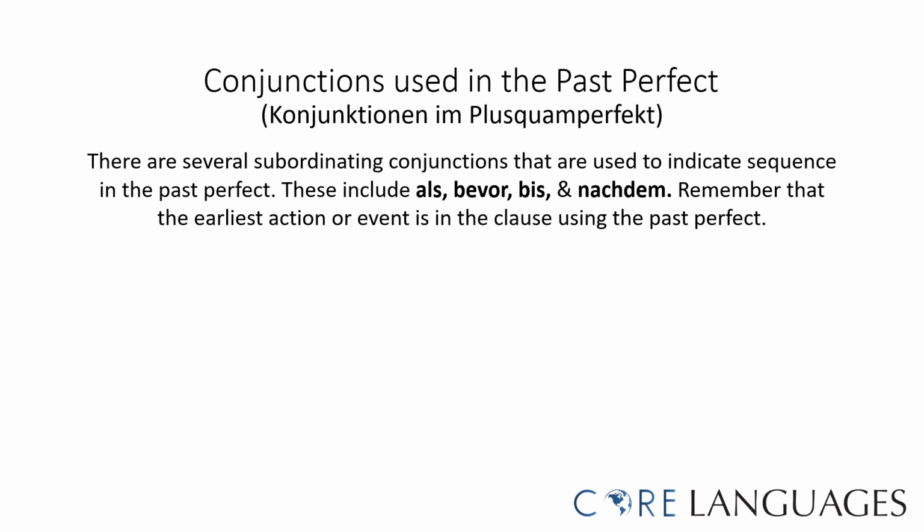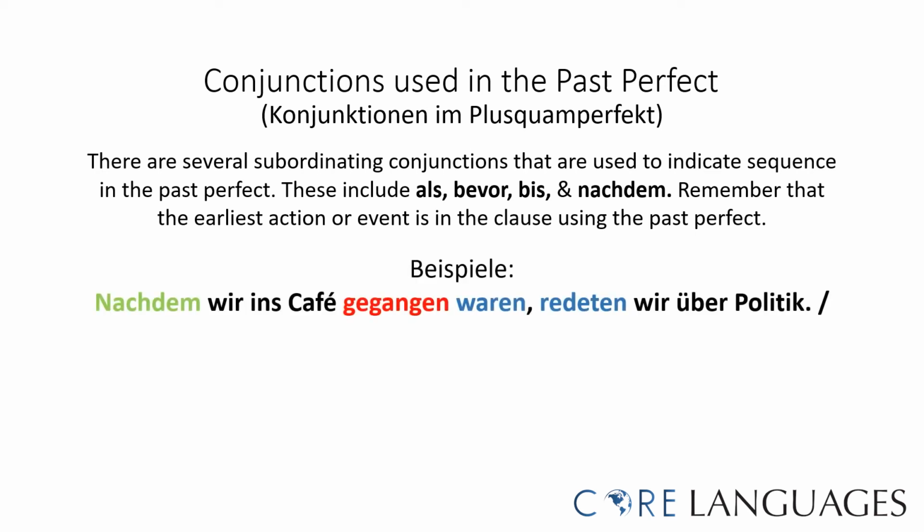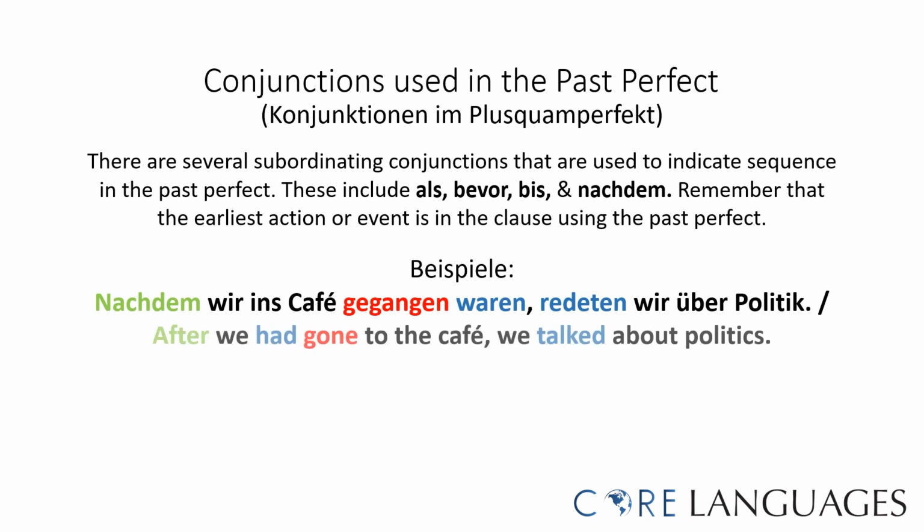Remember that the earliest action or event in the clause is the one that is going to be using the past perfect. Zum Beispiel, nachdem wir ins Café gegangen waren, redeten wir über Politik. After we had gone to the cafe, we talked about politics.